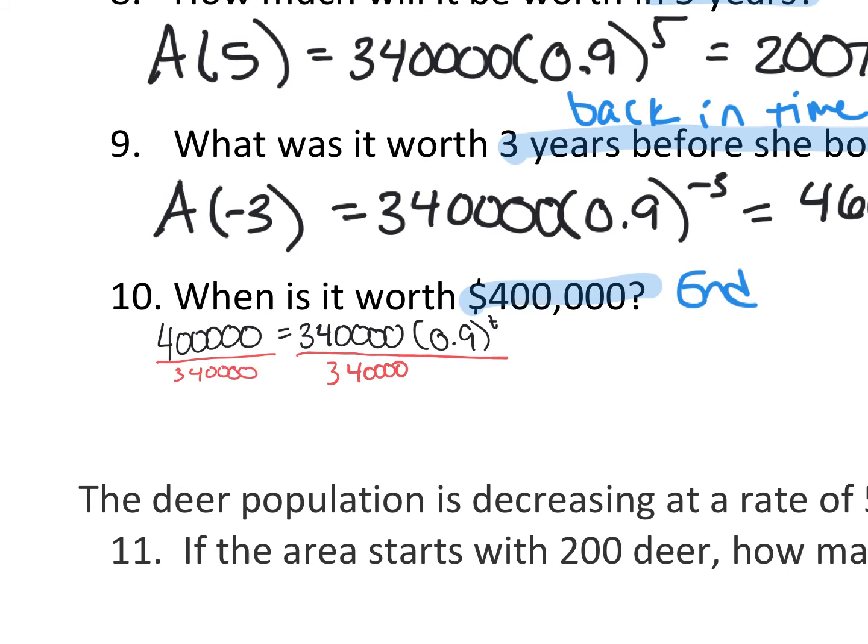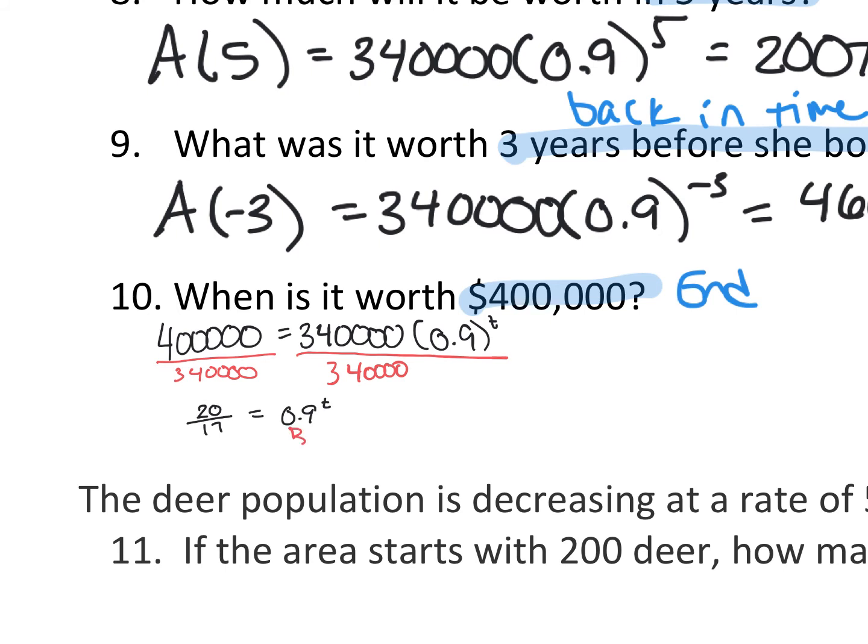Now I'm going to keep this as exact as possible, and this turns into a super messy decimal. So if you take a look at what fraction this becomes, this reduces to 20 over 17. I am okay if you use the decimal instead, just make sure to keep the very long decimal in your calculator. We get to 20 over 17 is equal to 0.9 to the t. And now I'm like, hey, you know what I have?